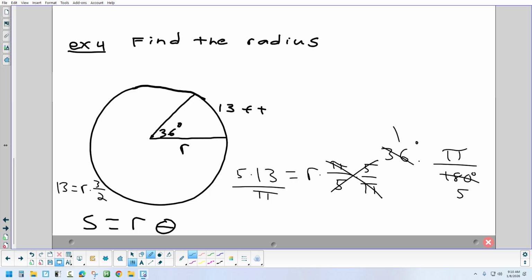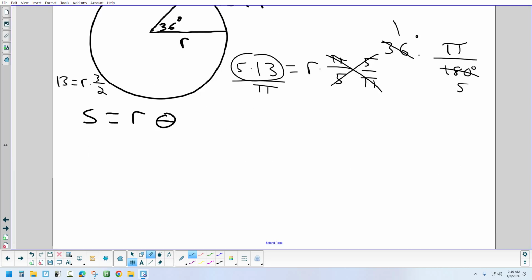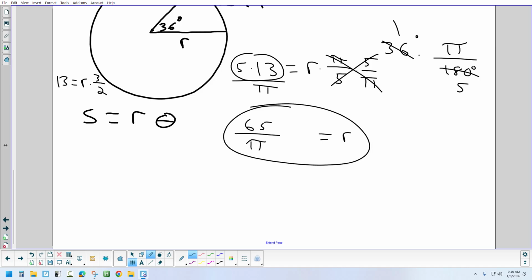So the only thing we have to do now is multiply 5 times 13, 65. Okay, so that gives us 65 over pi. And remember, that's the radius, so we just found the length of something.